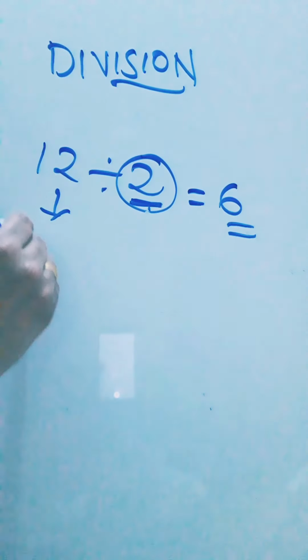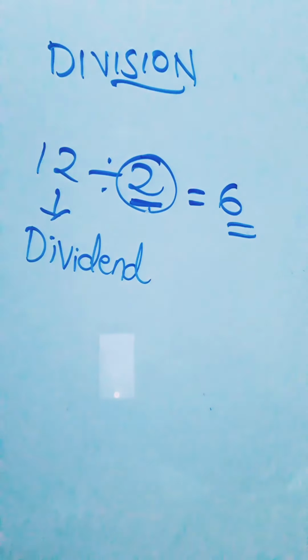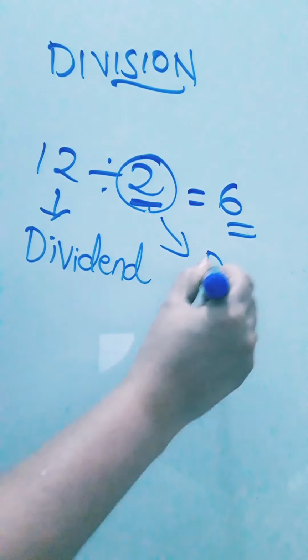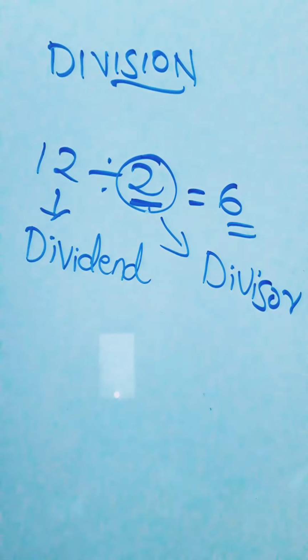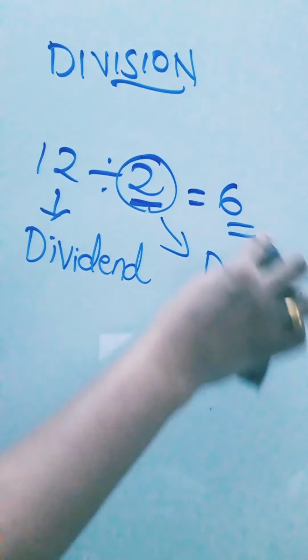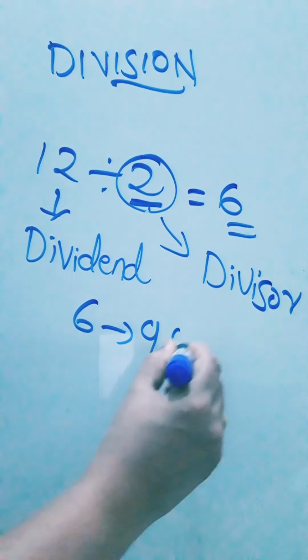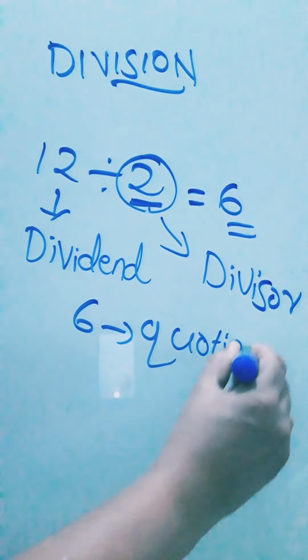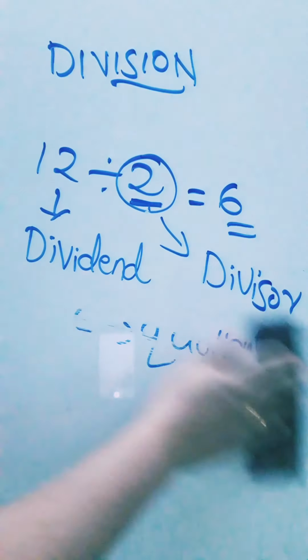This is the dividend, this is the divisor, and the result of the division, 6, is the quotient. That means 12 divided by 2 is 6.